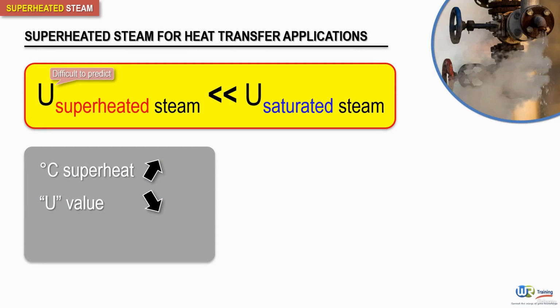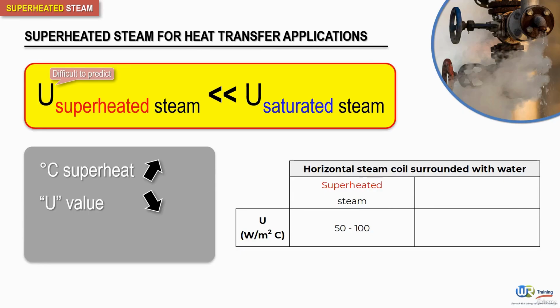Typically, for a horizontal steam coil surrounded with water, U values might be as low as 50 to 100 watt per square meter per degree Celsius for superheated steam, but up to 1200 for saturated steam.